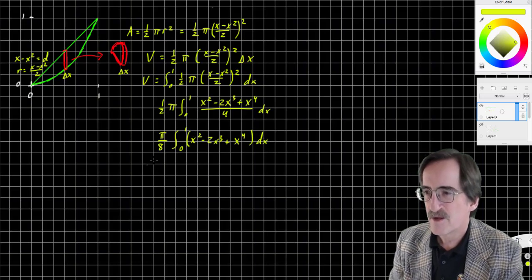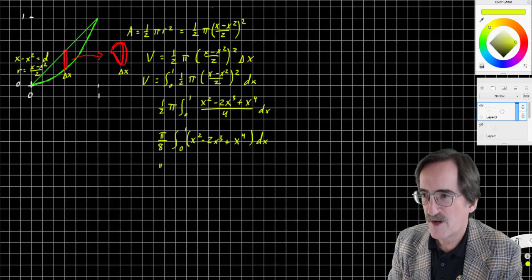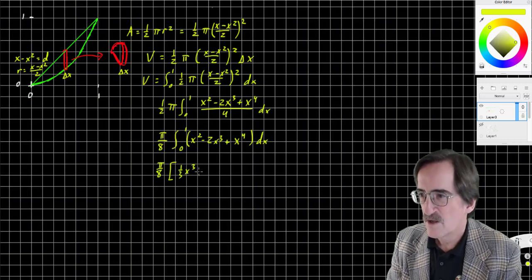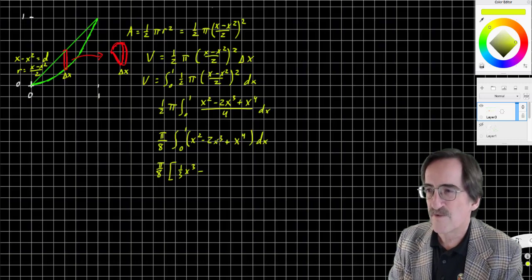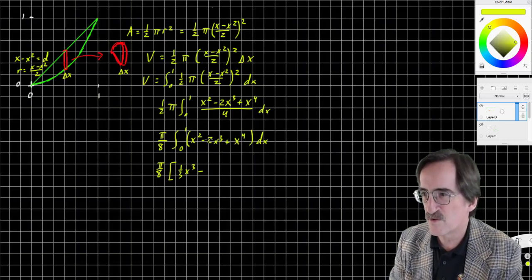Okay. All right, so let's integrate. So pi over 8 times the integral of x squared is 1/3 x cubed, minus the integral of 2x cubed, which is 1/4 of x to the 4th times 2, so 1/2 x to the 4th.